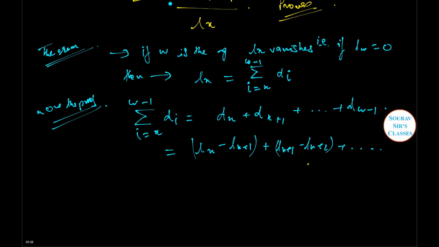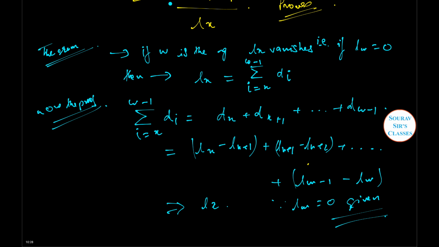Similarly, the last term will be L omega minus 1 minus L omega, which is equal to Lx by the definition where L omega is 0 given. Therefore, proved.